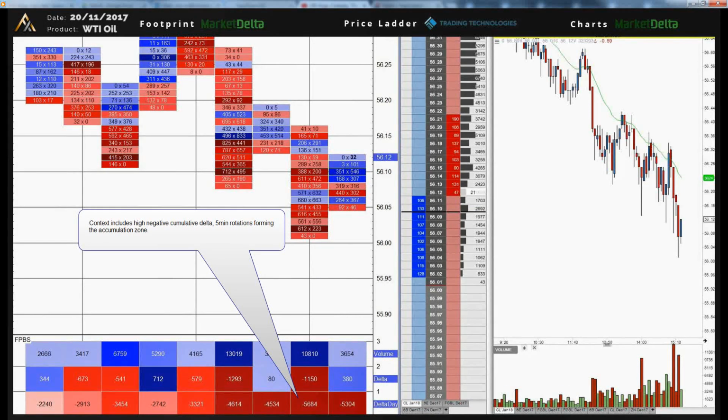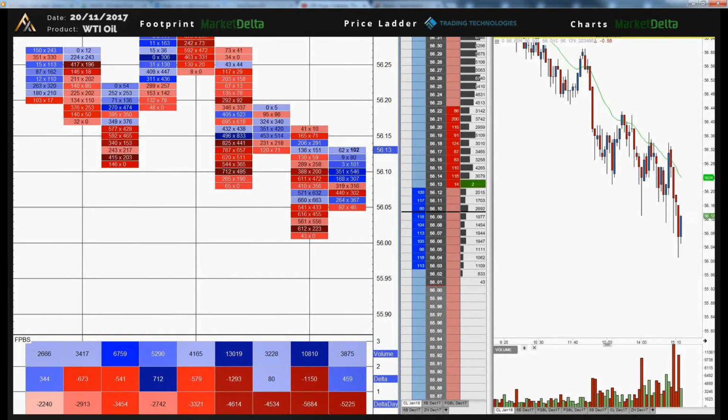Now, the market we're looking at, this is the WTI oil, and in terms of the context, what we can see is we have got ourselves some rotations here, some 5-minute rotations. In terms of obviously the type of footprint, it's a time-based footprint, and in terms of the context that we find ourselves, well, the first key standout is the very negative delta on the day.